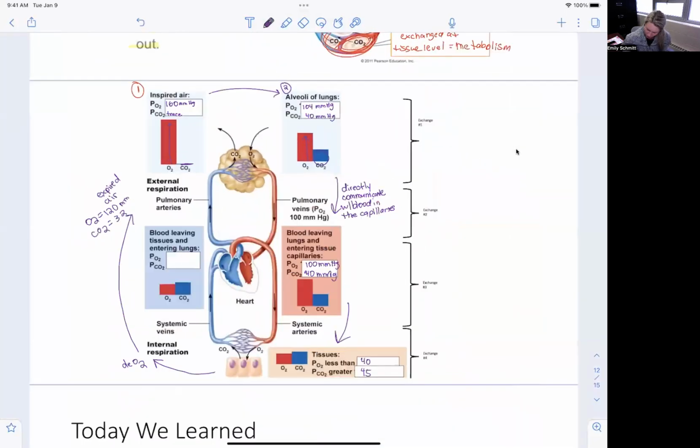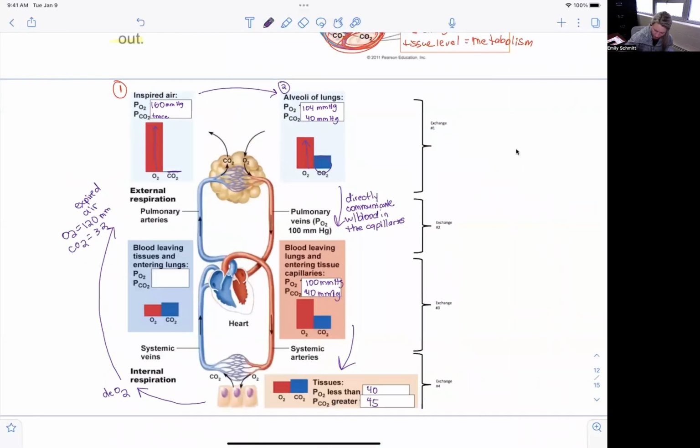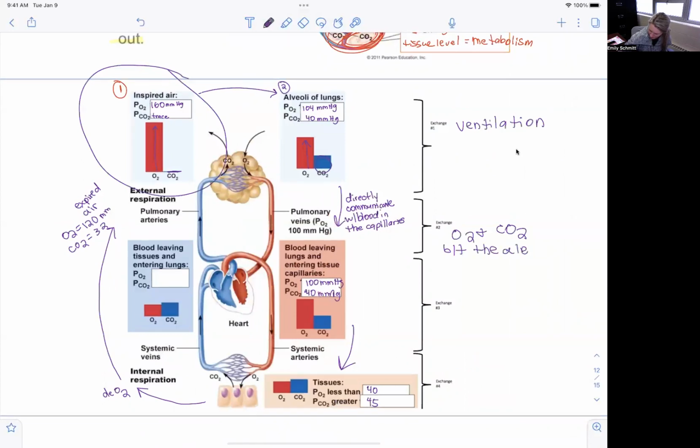So what I want to do is, again, number one, we are talking about ventilation. Number two, we are talking about exchange of oxygen and carbon dioxide between the alveoli and the blood.